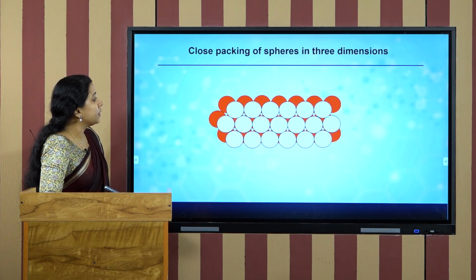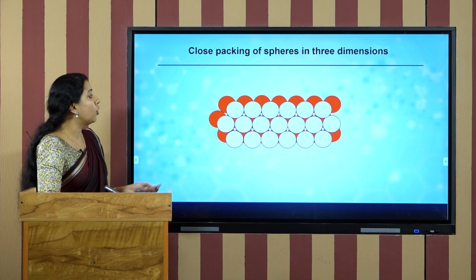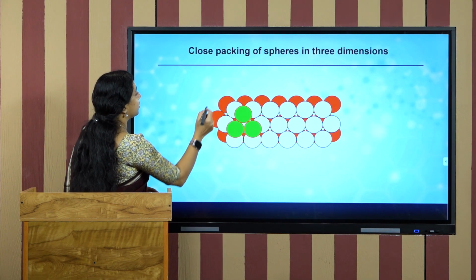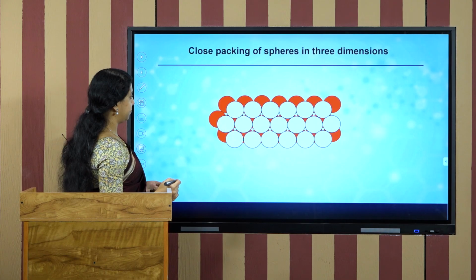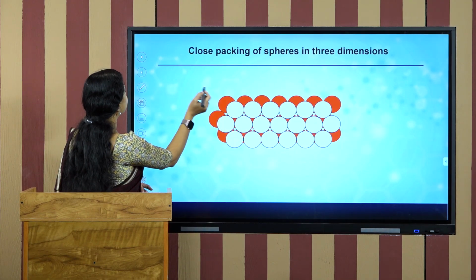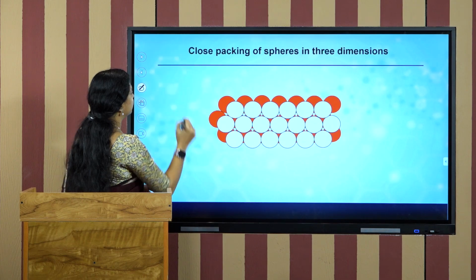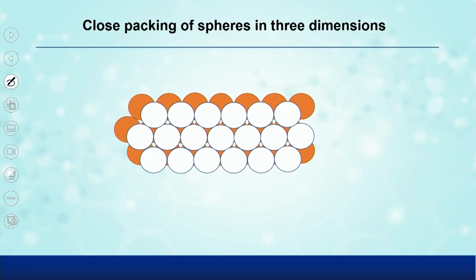The second layer we created by placing the spheres onto the depressions of the first layer. So, let the first layer be A, the second layer be B.